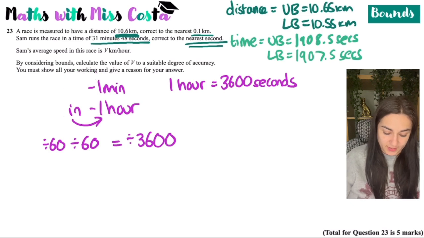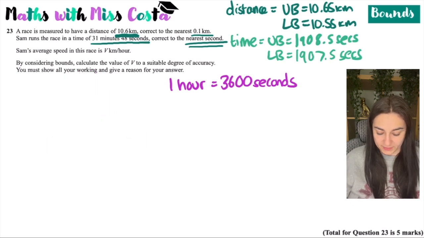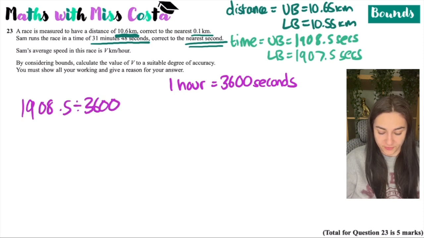Okay, so let's calculate the new bounds in terms of hours. I'm going to do 1,908.5 divided by 3,600 and 1,907.5 divided by 3,600.